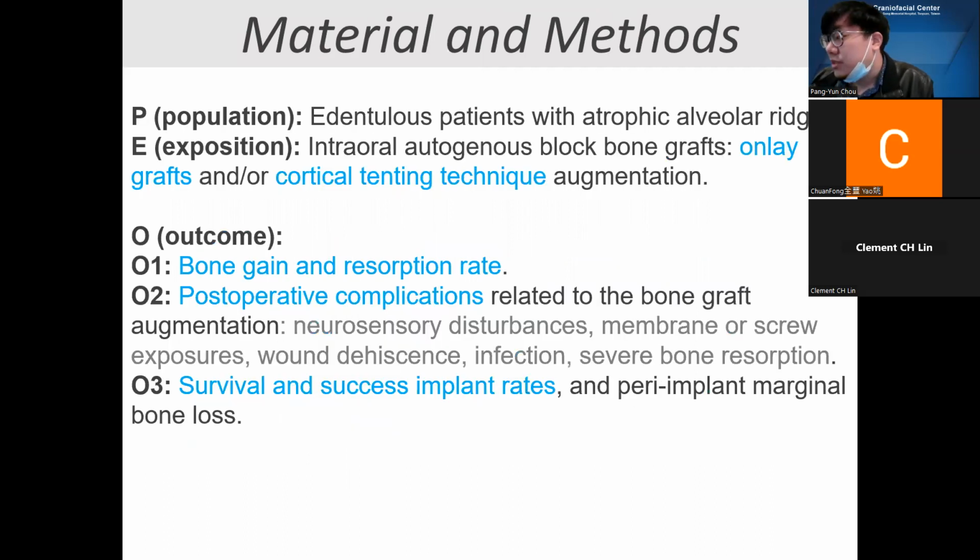So the population of the study will be the edentulous patients with atrophic alveolar ridges, and the exposition is onlay grafts and cortical tenting technique augmentation. The outcome, outcome 1 will be the bone gain and resorption rate, and outcome 2 will be the post-op complications related to the bone graft augmentation. And outcome 3 will be the survival and success implant rates and the peri-implant marginal bone loss.